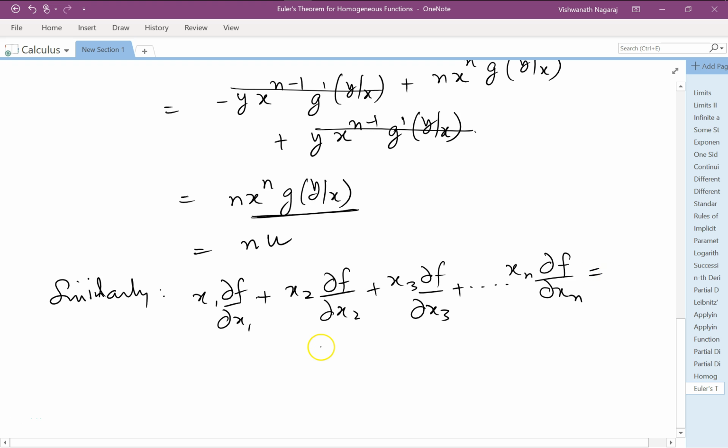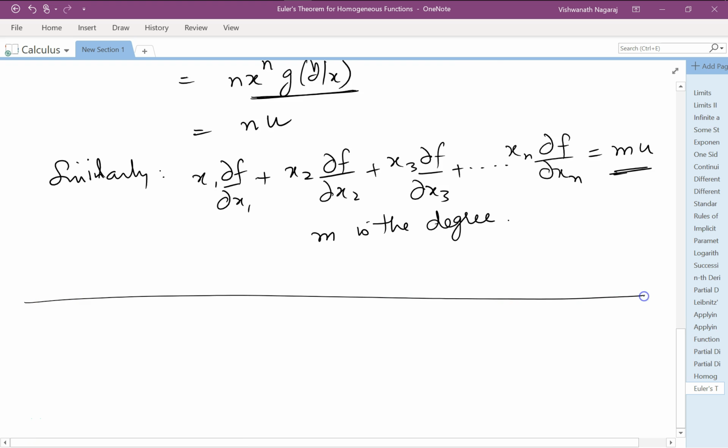So let us say m is the degree, so m times f. There are n terms here, that means n independent variables of degree m. Euler's theorem says that it's going to be the degree of the function times the function itself.